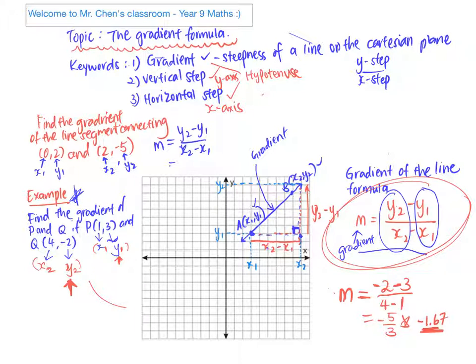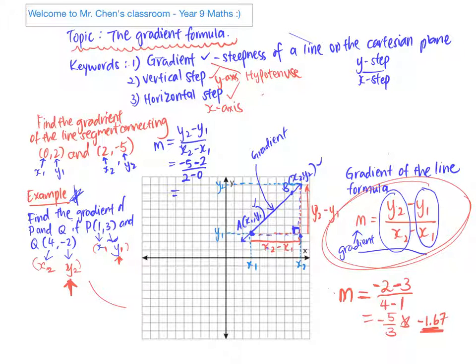All you need to do is put in the numbers from here. So y2 is -5. Remember, do not forget your sign. Whether it is positive or negative, make sure you are always correct on that, because the moment you put in a wrong one, you get the wrong answer. So -5 is your y2, minus 2, which is your y1, over x2, which is 2, and x1 is 0.